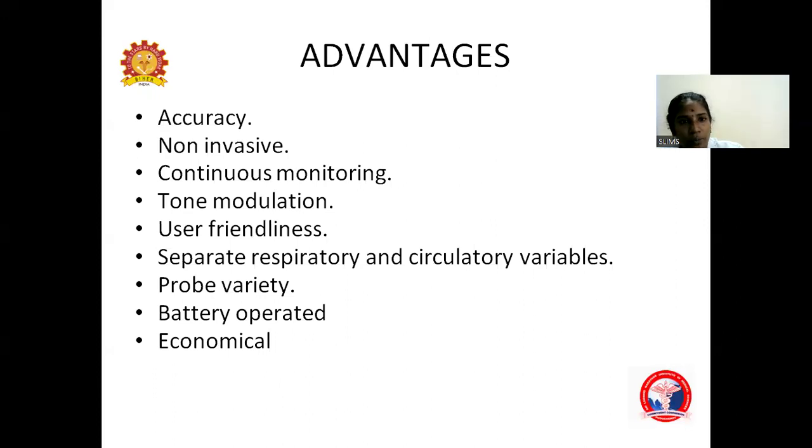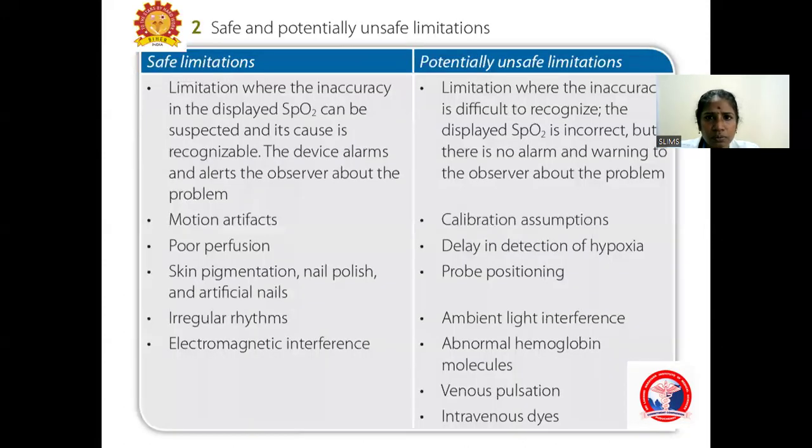Yes, tell me one by one: accuracy, non-invasive, continuous monitoring of the patient's oxygen saturation, tone modulation, user friendly, separates respiratory and circulatory variables, probe varieties, battery operated, and economical.